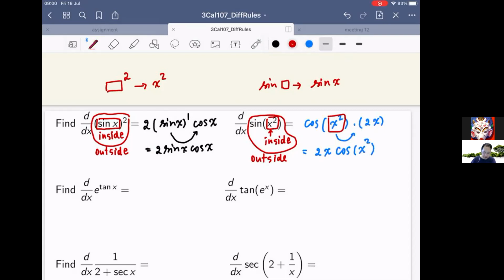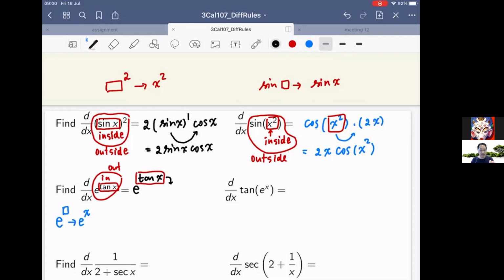Look at this one carefully. Here is the inside, there is the outside. So you are going to regard this problem as e raised to the power of a box, or e raised to the power x. That is the outside function, the big picture. The derivative of e to the x is e to the x itself, right? So right now it is e to the one inside again, and then multiplied by the derivative of the inside.